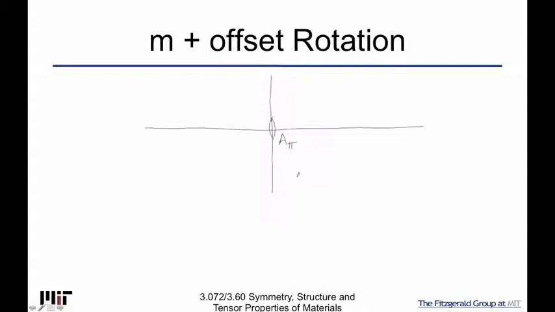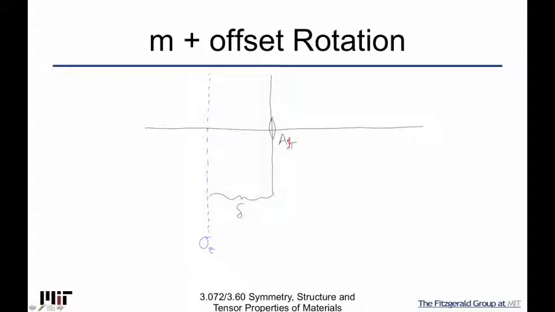So rotation. This time we'll have a glide plane that's offset by delta off of this main plane. Now let's look at our motif again.